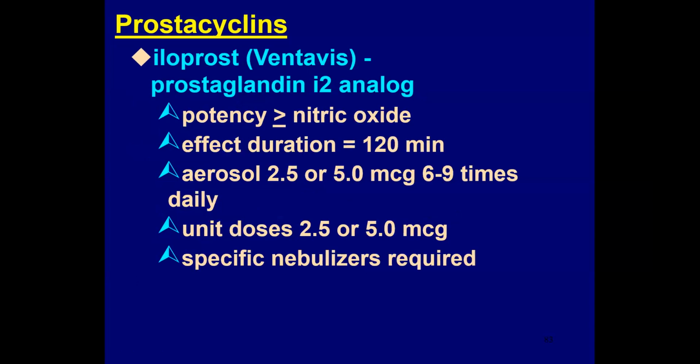Among these is iloprost or Ventavis, which is a prostaglandin I2 analog. It is much more potent than nitric oxide. Its effective duration is 120 minutes. It is given by aerosol, 2.5 to 5 micrograms, 6 to 9 times daily. The unit doses available are 2.5 or 5 micrograms. It does require a specific nebulizer.